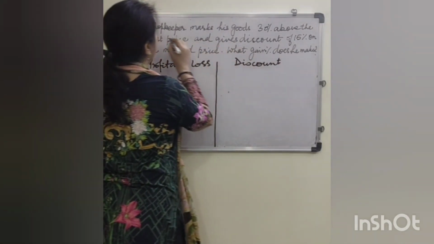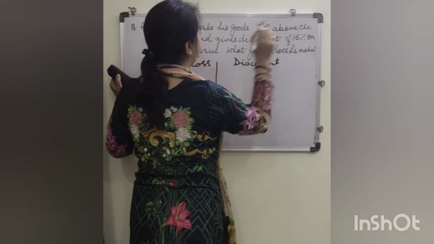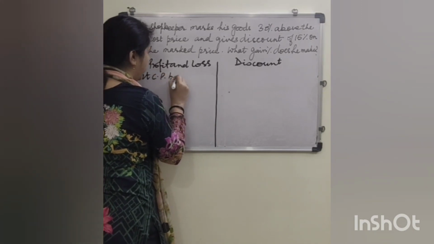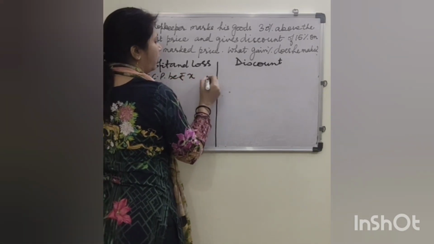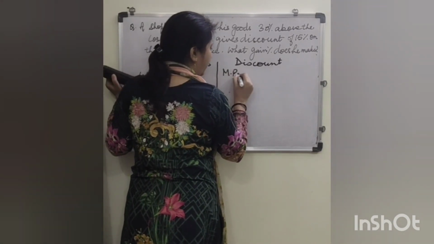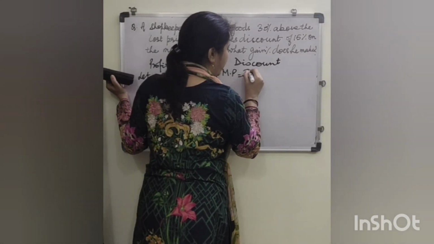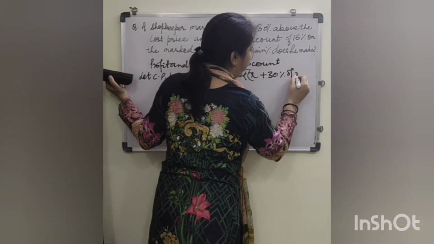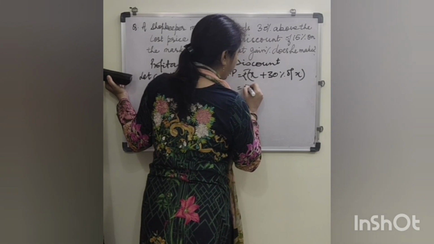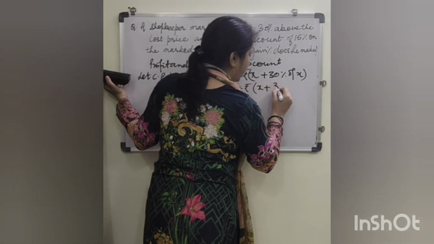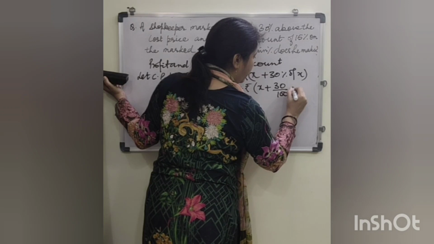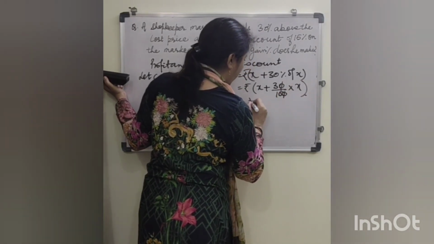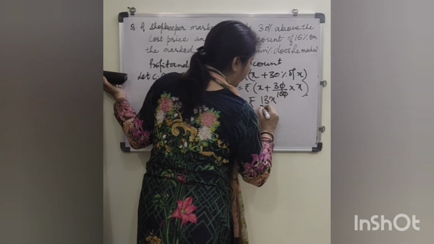Now, a shopkeeper marks his goods 30% above the cost price. So let CP be rupees X. So MP will be X plus 30% of X, that is rupees X plus 30 over 100 into X. Now see children, do simplification and you will get 13x over 10.